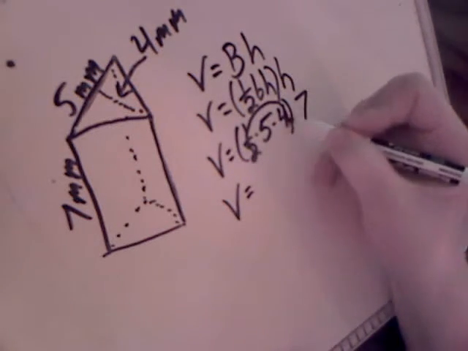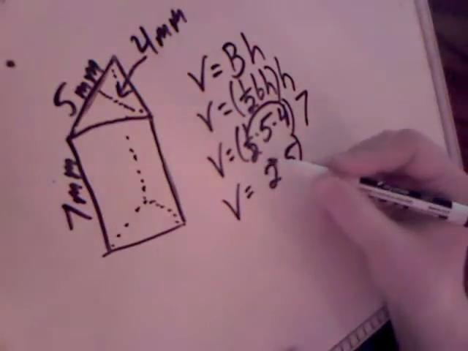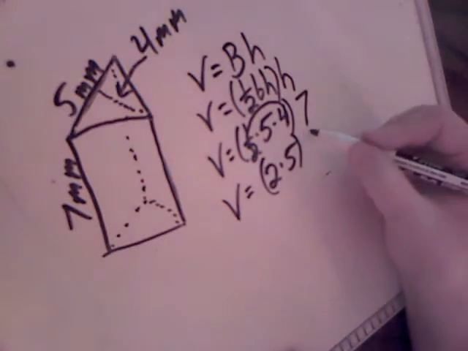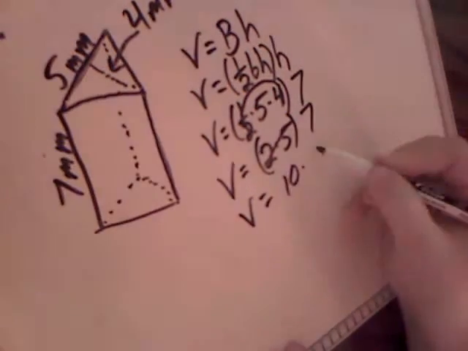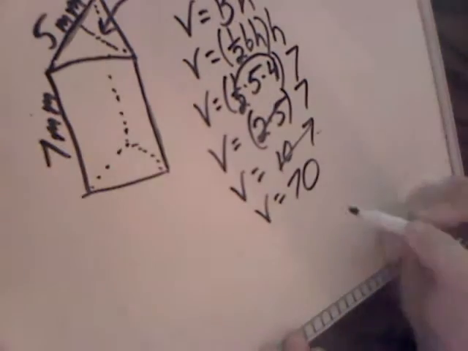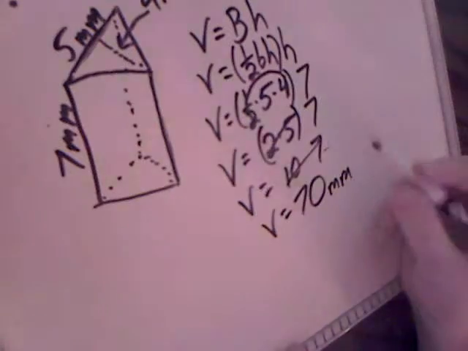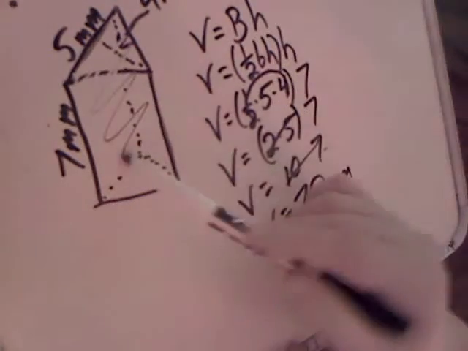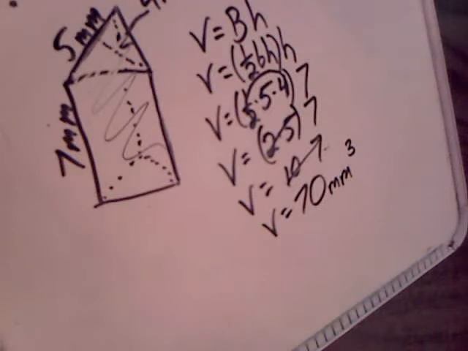So 1/2 times 4 is 2, times 5, times 7. 2 times 5 is 10, times 7. 10 times 7 is 70. Go back to the units of measurement. The volume is 70 millimeters, and again, this is a 3D thing, so it's millimeters cubed.